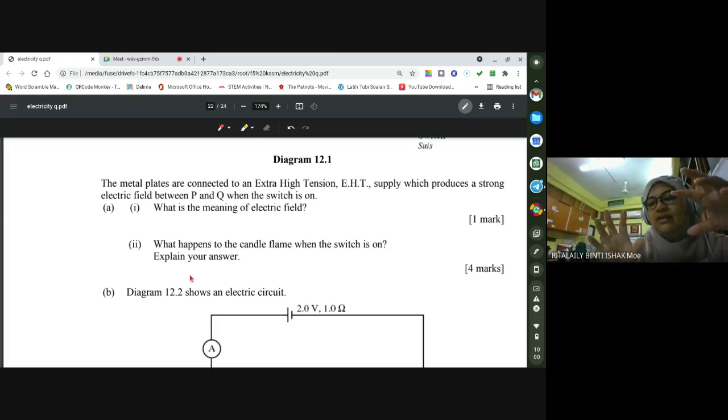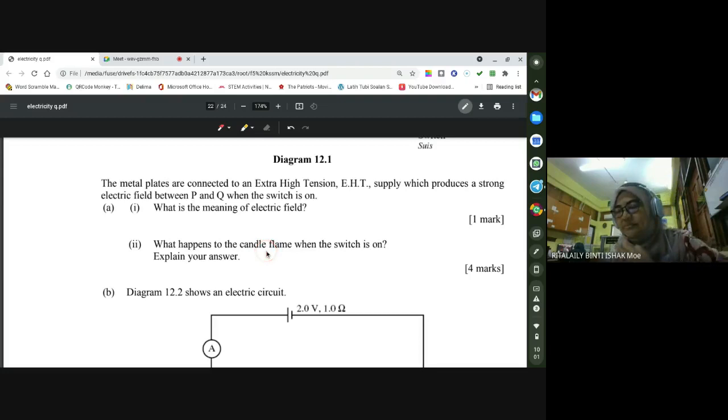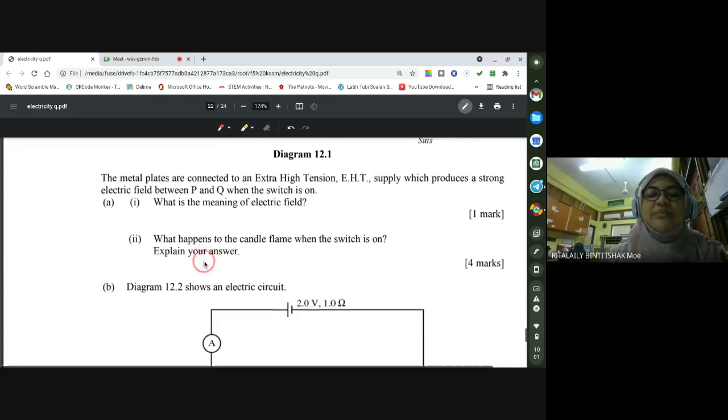When you explain that the negative charge is attracted to the positive plate and positive charge is attracted to the negative plate, you need to explain also that the flame towards the negative plate is bigger because the mass of positive charge is bigger. Okay, so very good. You have answered all the 4 marks. You just left out a little the part about the positive ions.